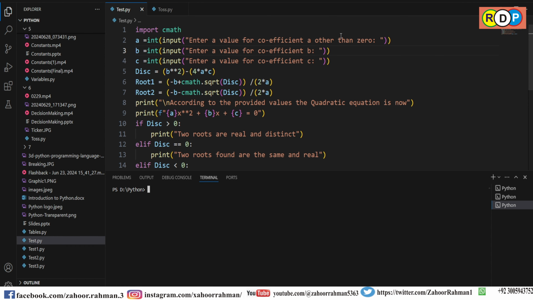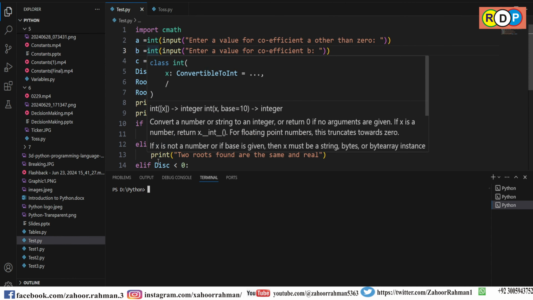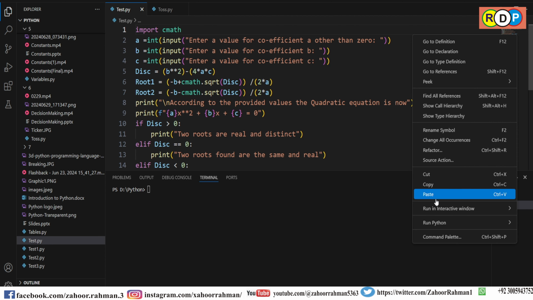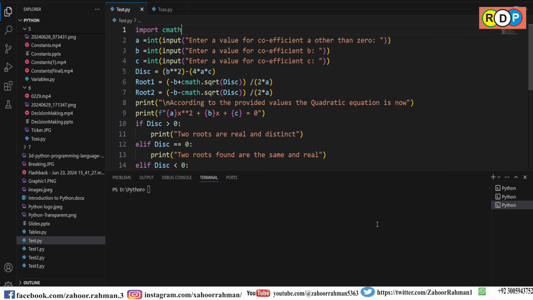I explained the program and I have exactly written it here. Let us check this program for three different sets of values, and then we will determine the nature of the roots. Let's go. In the first case it is saying enter a value for the coefficient, and in this case I am entering 2 and then -8 for B and then 3 for the C value.